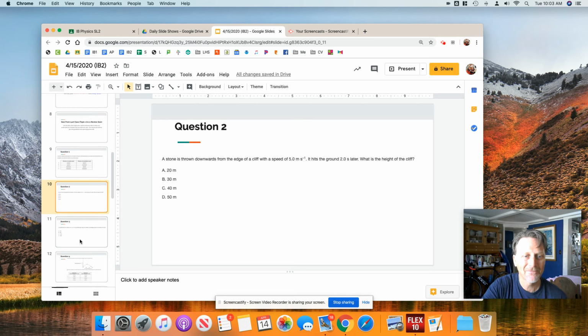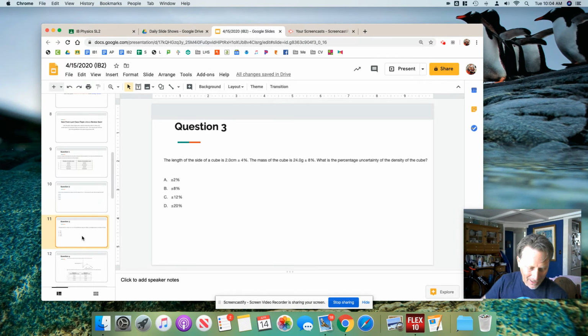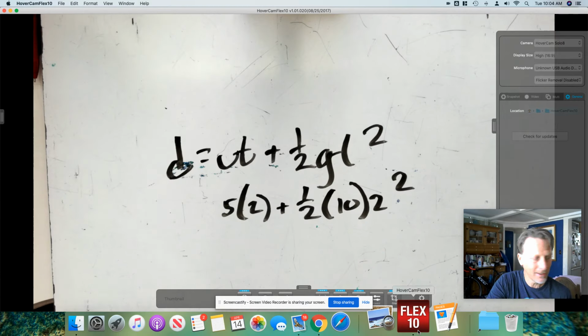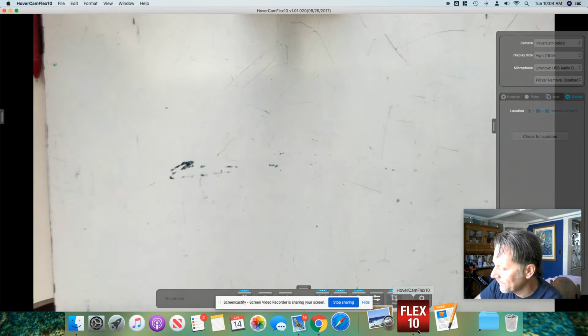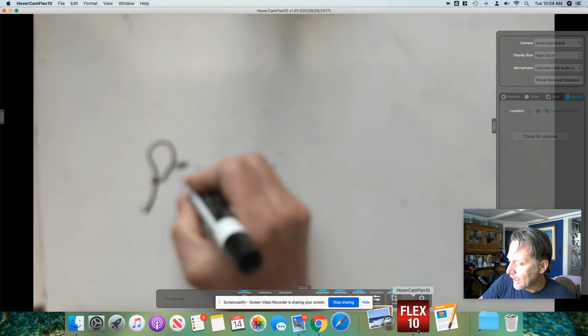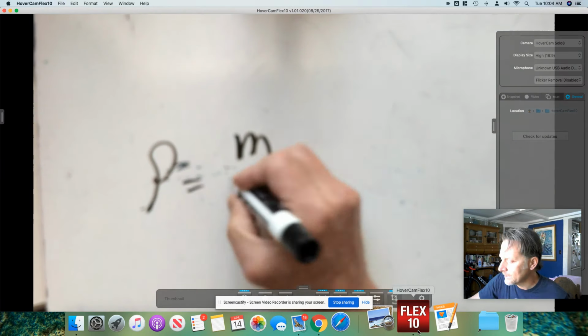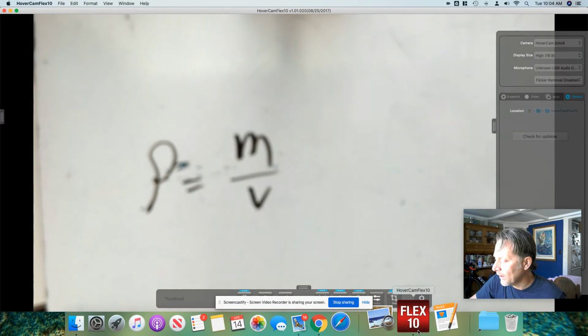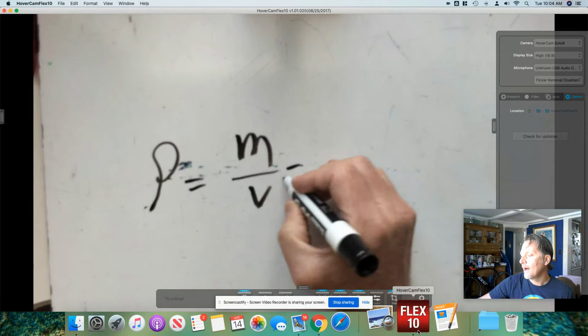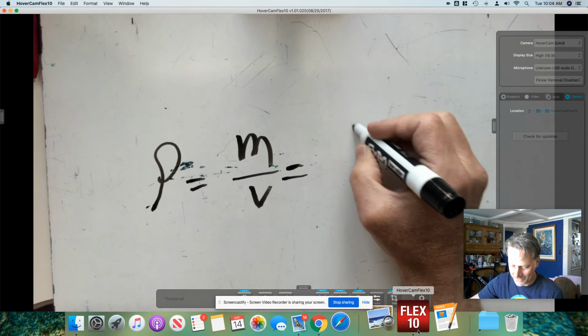Okay, next one here. Got a question about some uncertainties. For this one, this is a density problem. So I'm going to go ahead and show you back with the board again here. In this question, we're basically saying density equals mass over volume. And if you remember that uncertainties always add, our uncertainty for the mass was 8%.